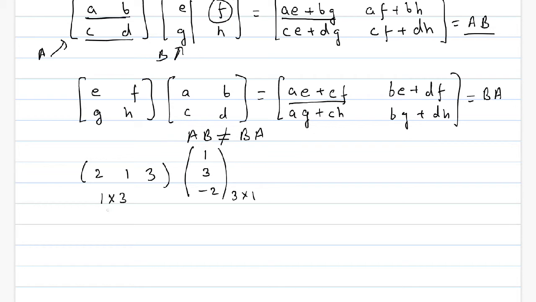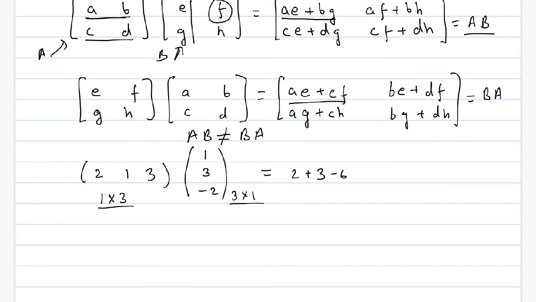So our first matrix was of size 1 by 3 and the second is 3 by 1. Now I can actually multiply these two matrices. I will get first row into first column. So I will have 2 into 1, 2, plus 1 into 3, 3, plus, because of minus 2, 3 into minus 2, that is minus 6.